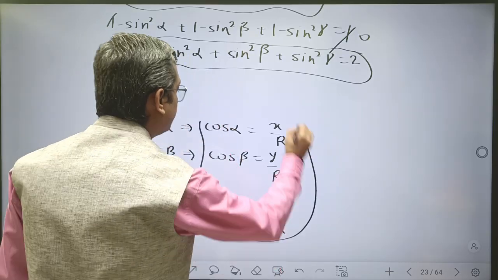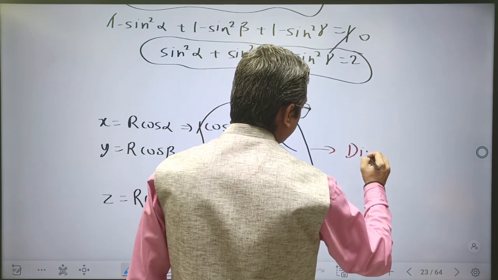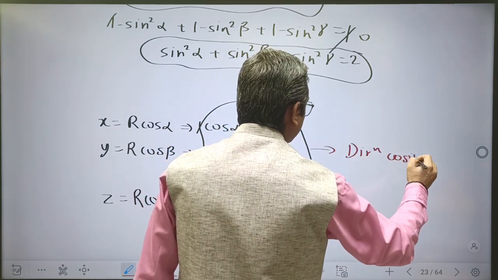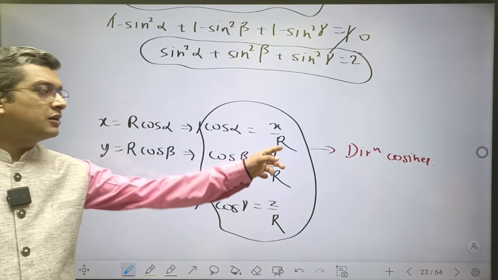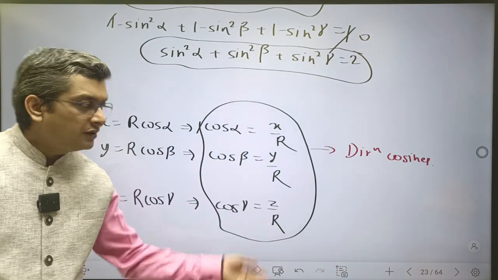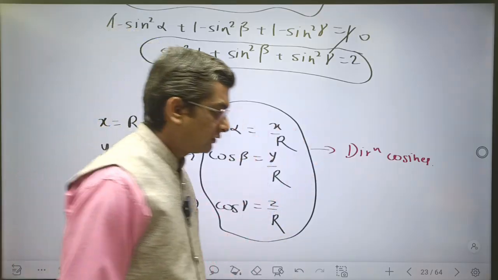So these are known as direction cosines. This is very simple. First, you have to find the magnitude of vector r, then take its x, y and z components and divide by it. You have these direction cosines, isn't it?